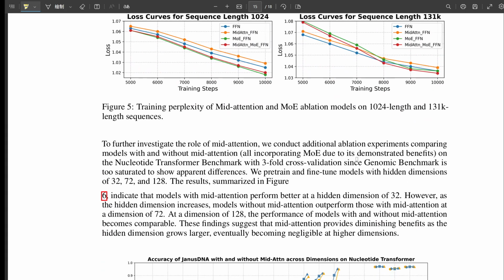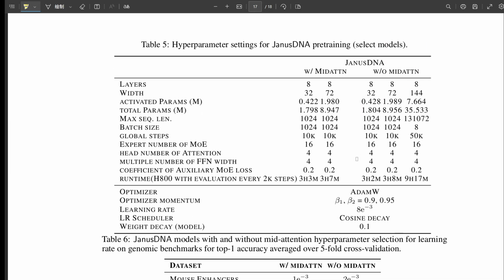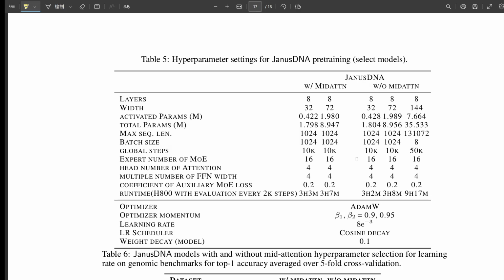Okay, so wrapping this all up for you listening, we've dug into JanusDNA and seen how it uses some really clever tricks: the Janus modeling for efficient, two-way learning, the hybrid Mamba-MoE attention architecture built for scale and detail, and explicitly handling the reverse complement strand. These innovations allow it to tackle some of the toughest problems in using AI for genomics. Understanding connections across vast DNA distances, doing it efficiently, and keeping the resolution fine enough to see critical details.